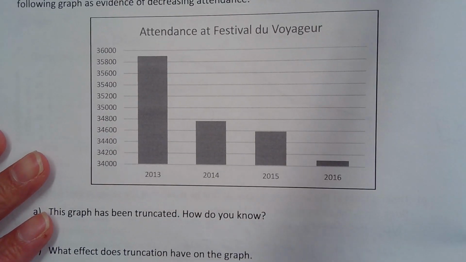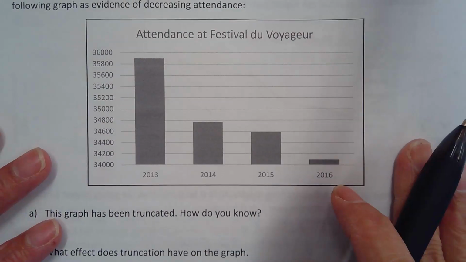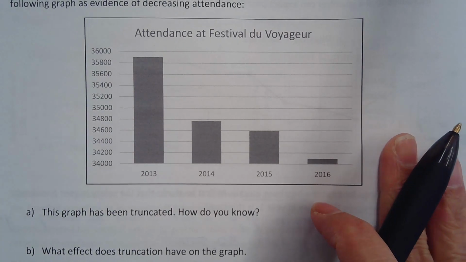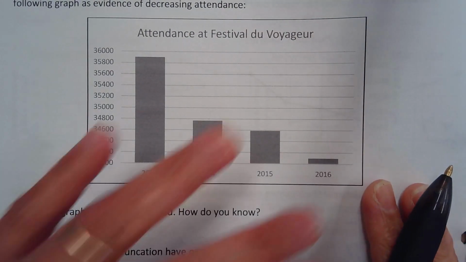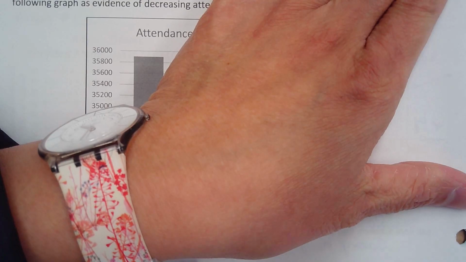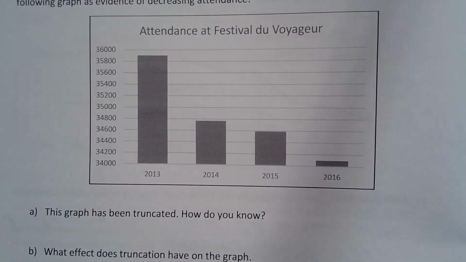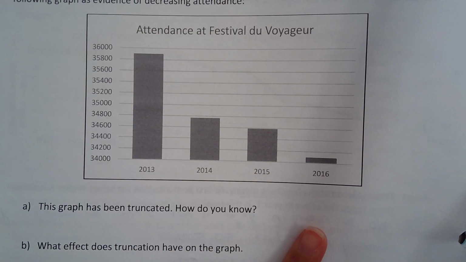Right? Has anybody been to Festival de Voyageurs? What is it? That one is at Fort Gibraltar. It's around February, and it basically focuses on the French Canadian fur trade and all that stuff.